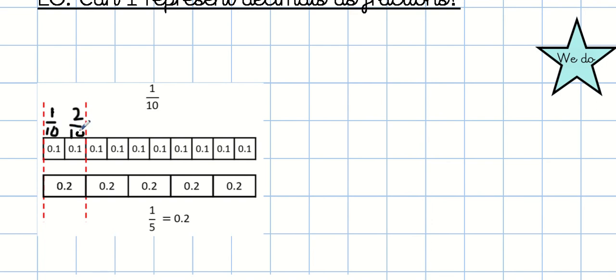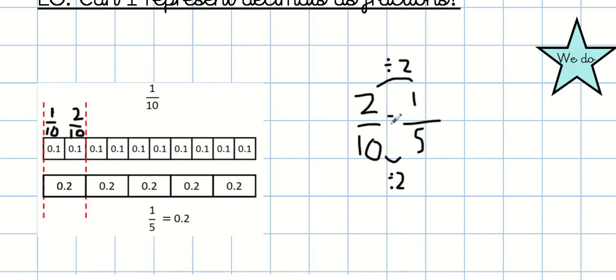And 2/10 is also the same if I divide both 2 and 10 by 2, so 2 divided by 2 is going to be 1, and 10 divided by 2 is going to be 5.